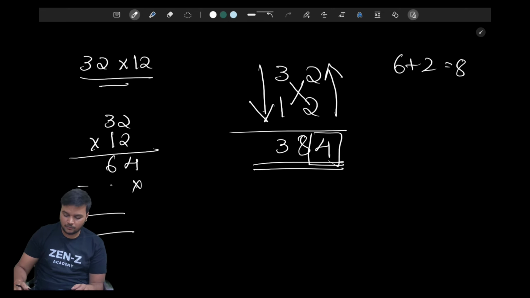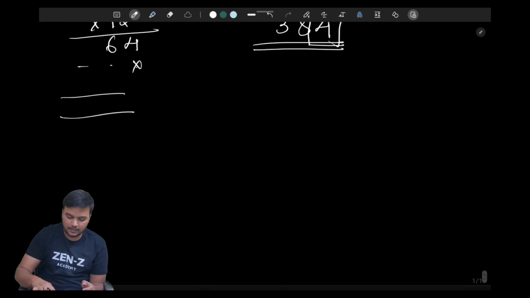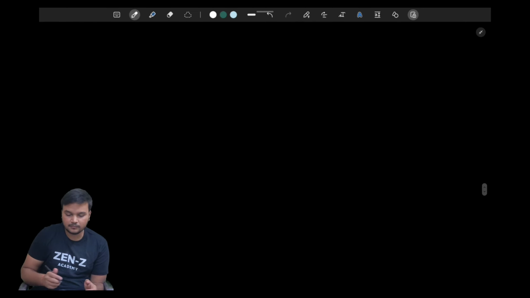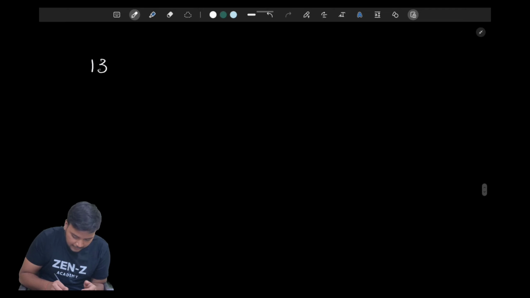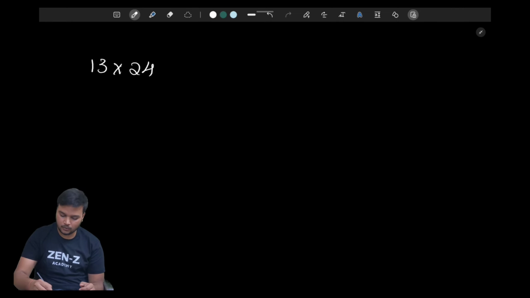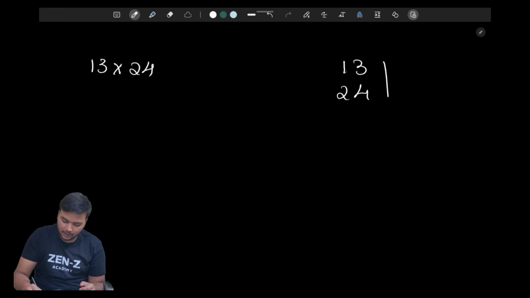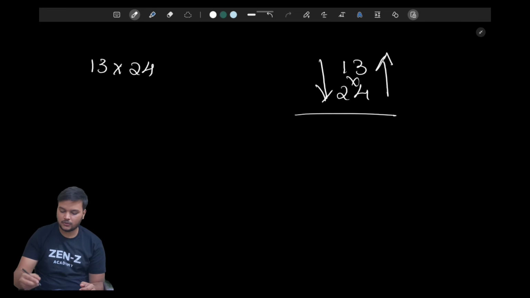I'll take another problem which creates another scenario in multiplication. I'll take the number 13 into 24. I'll do my basic approach, which was 13, 24, and drawing my arrow. Here what I'm going to do is 4 3s are 12.